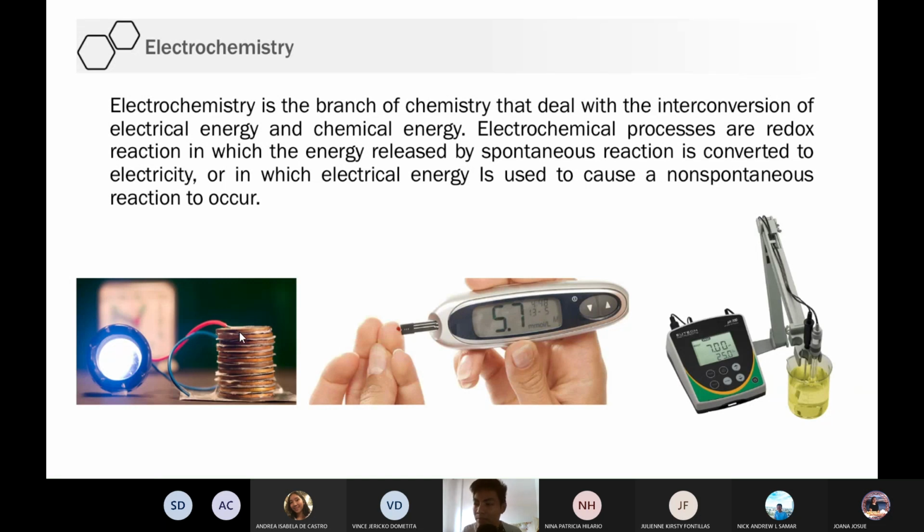Okay? So for example, we have this coin stuck together. Makakagawa yan ng magre-release sila ng enough electricity to power this LED light, no? Is it possible? Yes, no. This is very possible. You just need some chemicals, no, na ilalagay mo diyan sa mga papers.